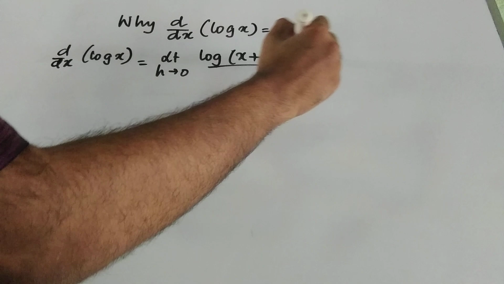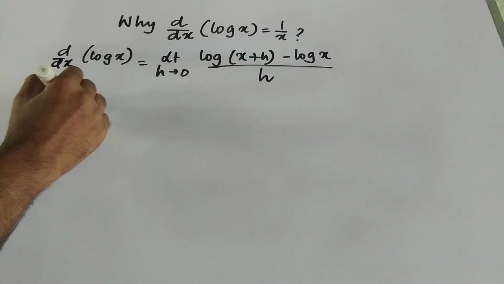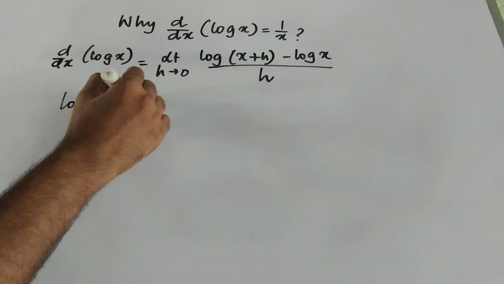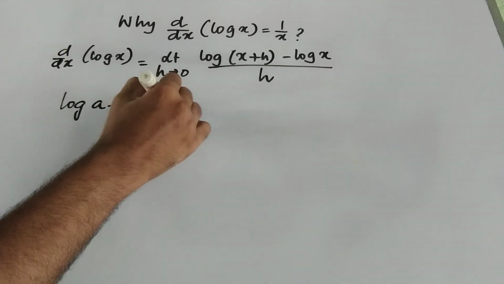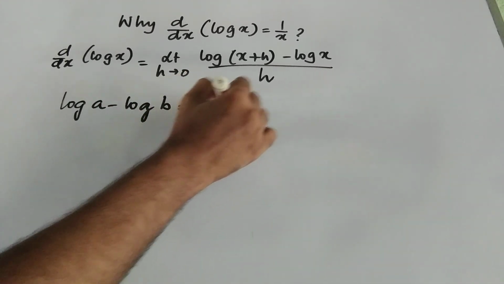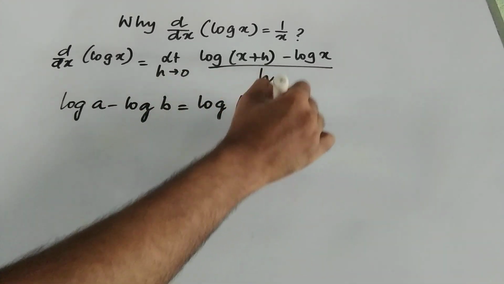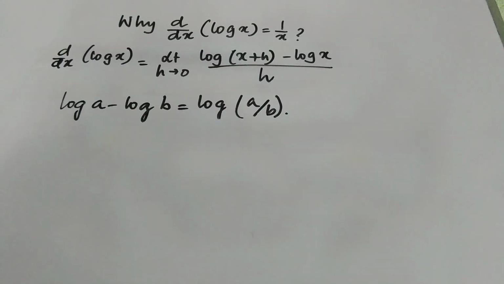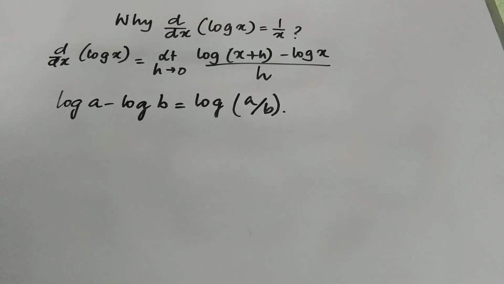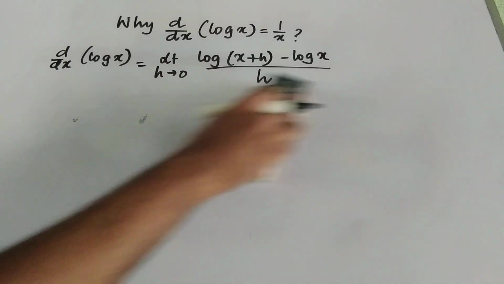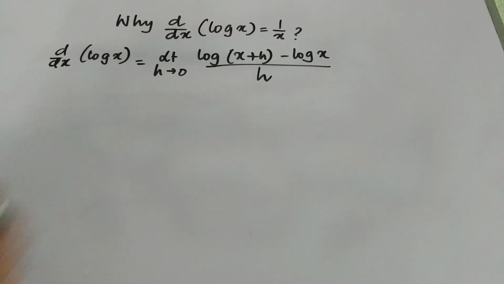So what is log a minus log b? We know from the basics of logarithm that log a minus log b equals log of a by b. Right? So here log of x plus h minus log x can be written as log of x plus h divided by x.